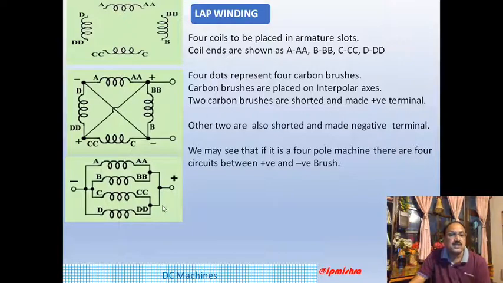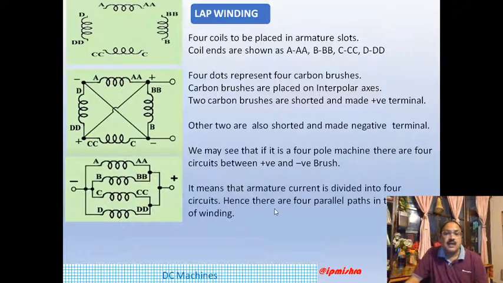So in this arrangement of connections, from positive to negative there are four paths for the current to follow. So the current will divide into these four paths. So the number of parallel paths in this machine is four. This is a four-pole machine. Four poles means four coils we have shown, and four paths are available for the current to flow. So what will happen?